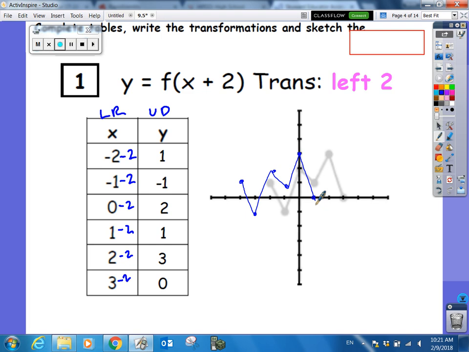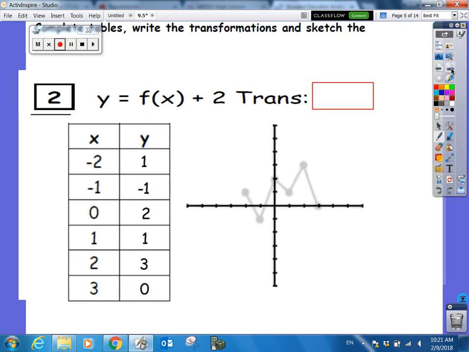Okay. You do not ever have to draw the original function. You don't have to come up with a table of values. All I want to see is the answer. But if you need to put them both, then do that. That's just one way to help you do it a little bit better if these are tricky for you. Now, the left, right, up, and down, those might not be that tough. But when we get to the other ones, it might be something that you want to do.